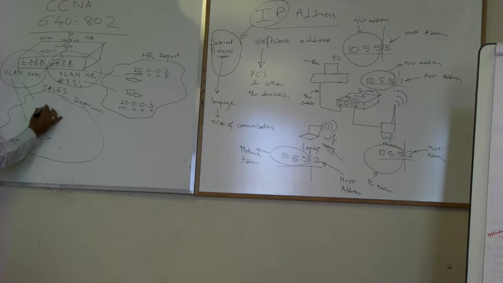For example, I'll make it 30 is my network address for all the computers, and even the VLAN software address is 30. Okay, and then I'll give the actual IP address for the PC. 0, 0, 2. That's the PC IP address. 0, 0, 3.